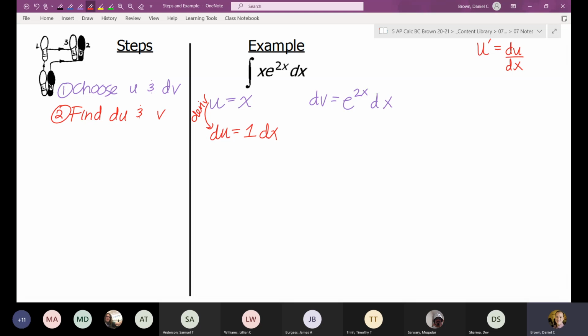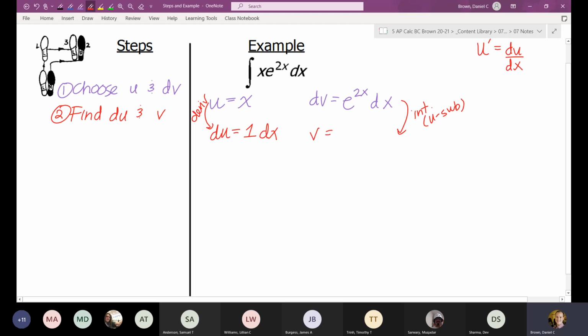And then for dv, in order to find the v, we are going to have to integrate. Be careful, oftentimes you have to do u substitution, but many of these problems, hopefully you can do the u substitution in your head. So if I'm integrating both sides with respect to x, well, the integral of dv is just going to give us v.